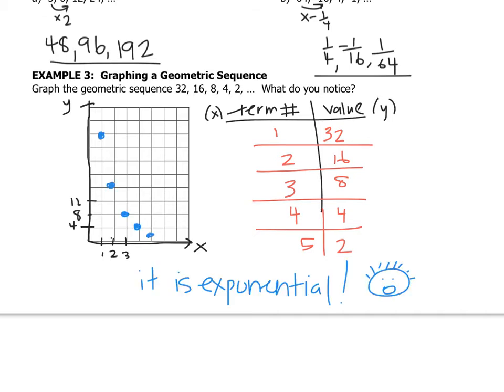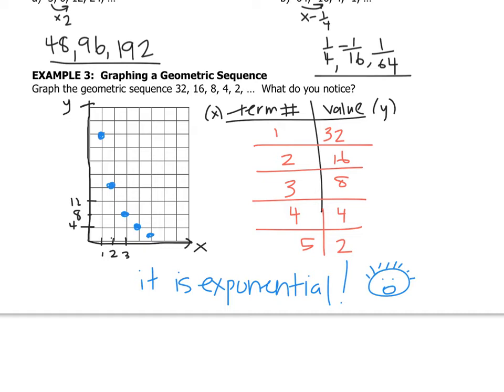So I plotted my points. Hopefully now you understand why this lesson is put in the exponential chapter, because it's exponential. And see, this is a picture of me being super surprised that the points become exponential. We're not going to connect the dots because sequences are discrete. Remember, we talked about that a couple of lessons ago.